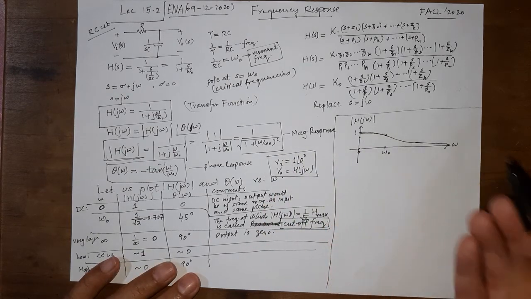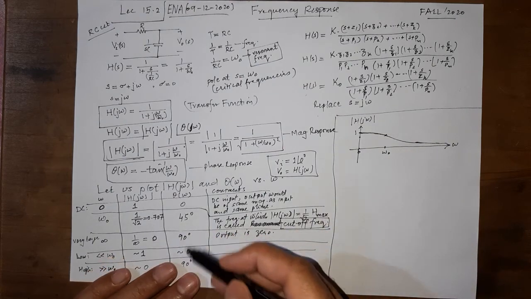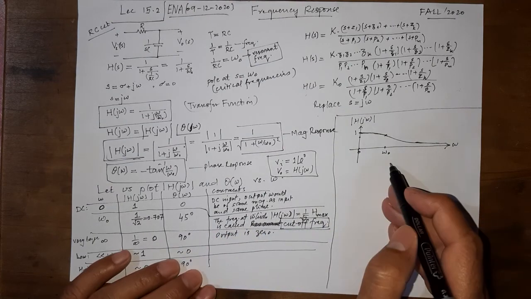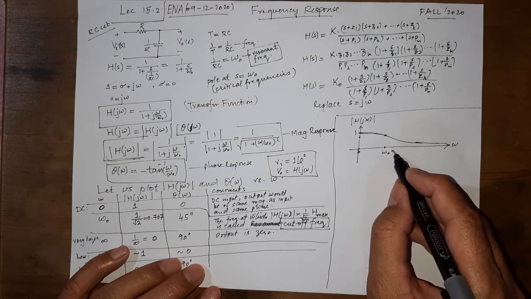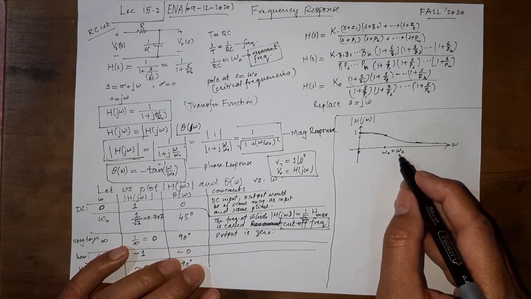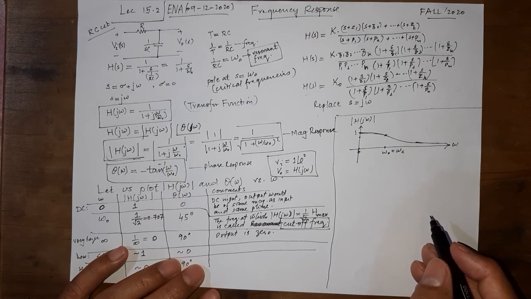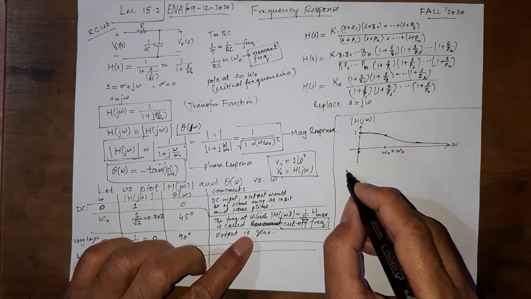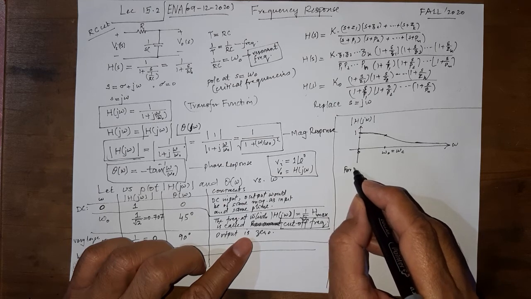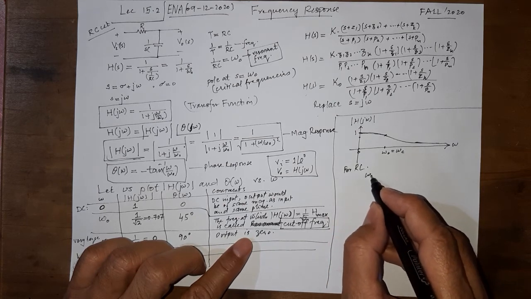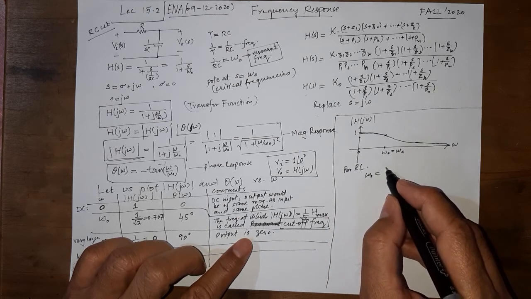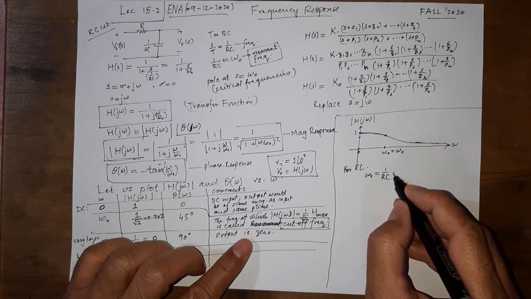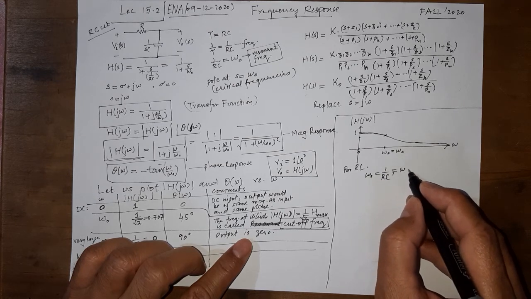But how this curve goes is not clear, because we have not taken several values. And this frequency is also the cutoff frequency, written as omega c. For this particular case, the RC circuit, this omega naught is 1 over RC, which is also equal to the cutoff frequency.